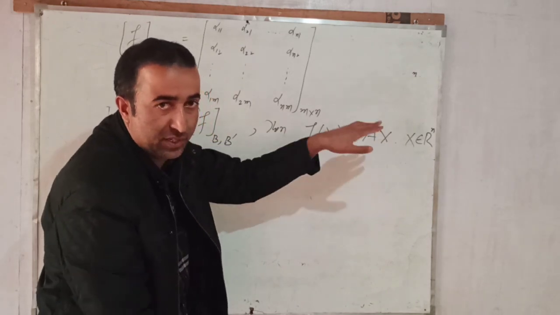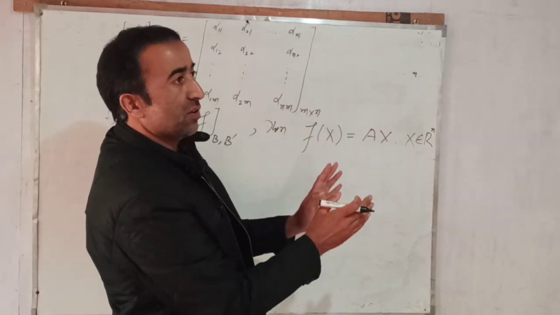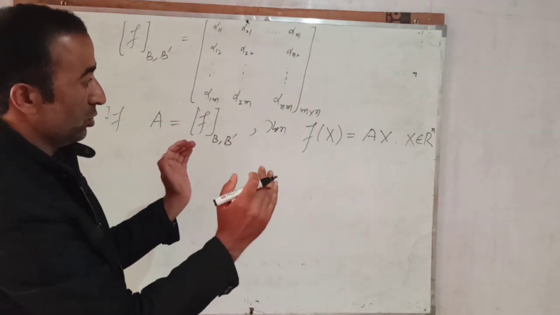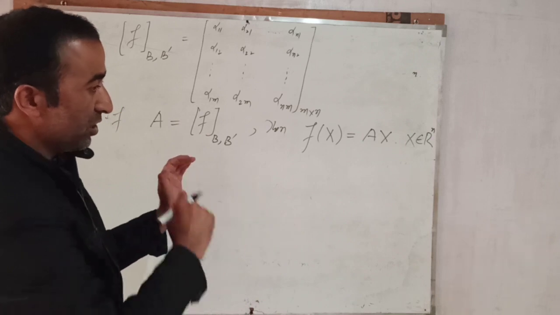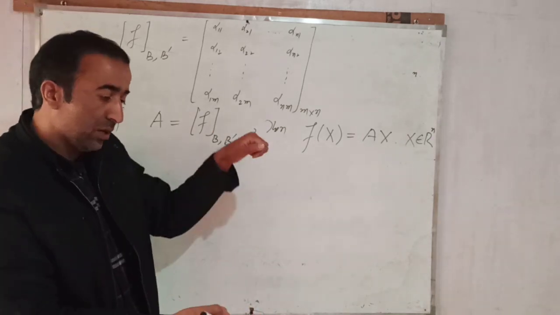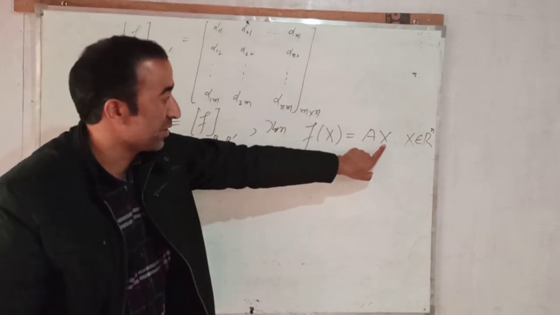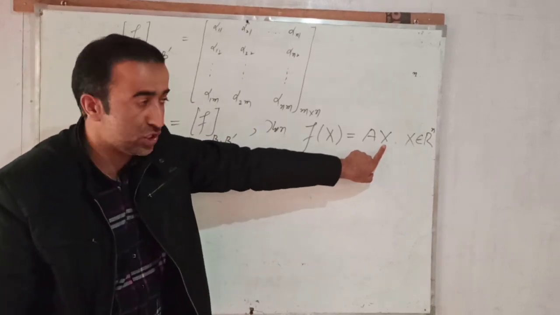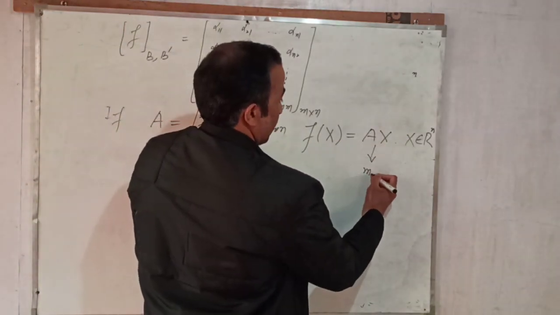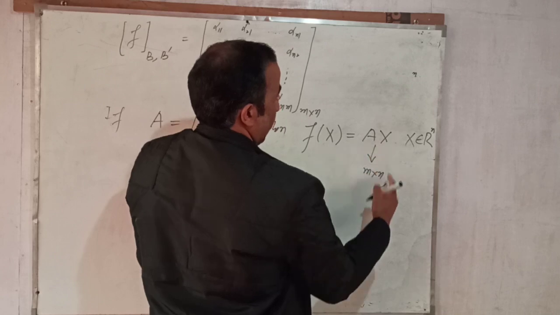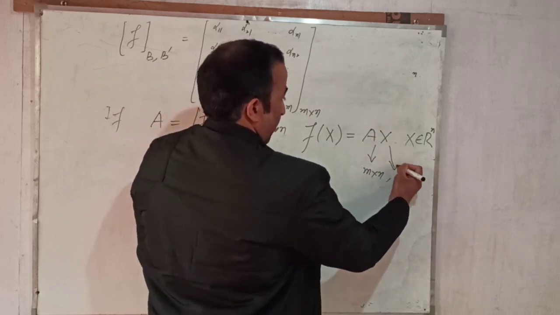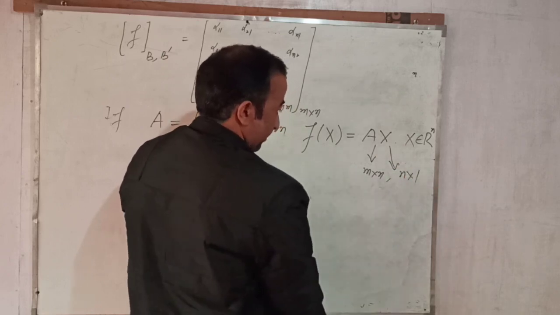It hardly matters whether you represent the elements of Rn as an n tuple in a row form, or as an n tuple in the form of a column. In this case, I will write a column so that the matrix multiplication is well defined, because A is m cross n, and when I write x in column form, I get n cross 1.